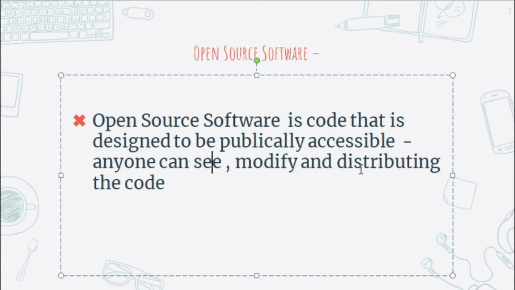We can say open source follows these key tenets: freedom to run the program for any purpose, meaning you can use the program for any purpose. Second, you can study how the program works and make changes if you wish, meaning you can modify any application without any problem or violation of license because these are open source software.